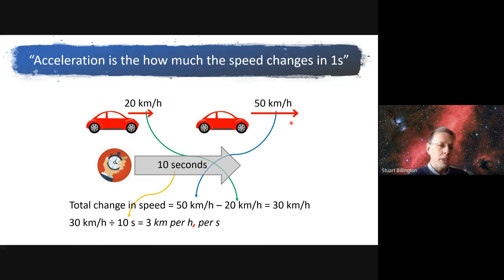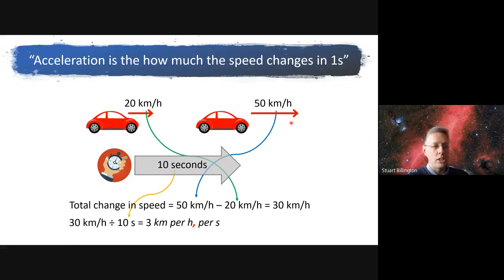And I've put the comma in kind of red there to really make you notice it and to really pause when you speak. My speed has changed by 3 kilometers per hour, per second. 3 kilometers per hour is a perfectly good change in speed because it's a change in speed, so it needs the unit of speed.